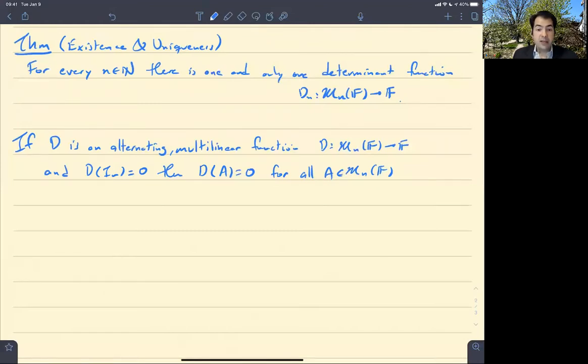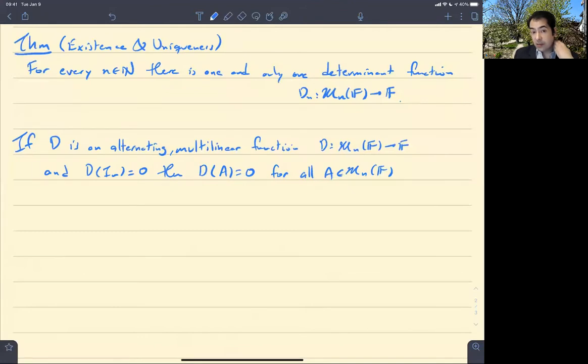Now, if you repeat elements of the standard basis, then for an alternating function, it has to vanish. So that means that the only terms that can contribute to D of A are when the elements of the standard basis that are the columns form a basis. Now, if you're an alternating function, then when you switch two columns, the function switches sign, right?